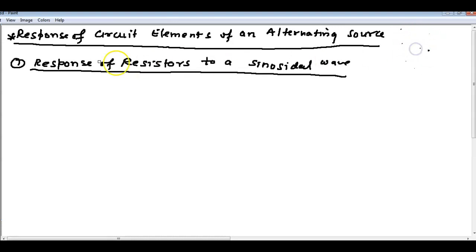So first we study the response of a resistor to a sinusoidal waveform.